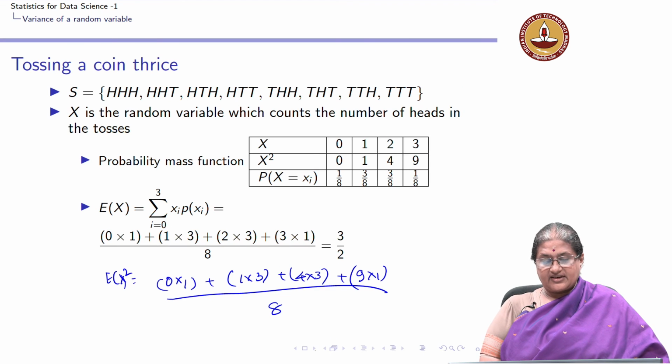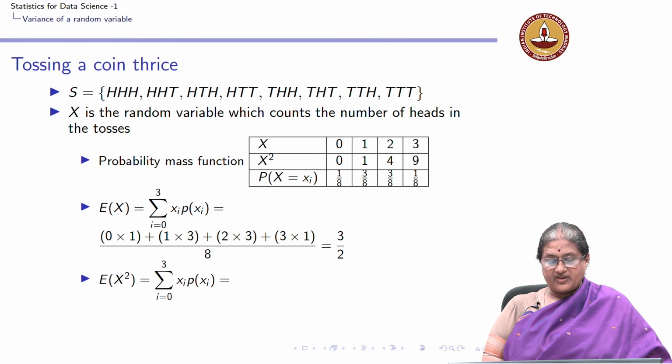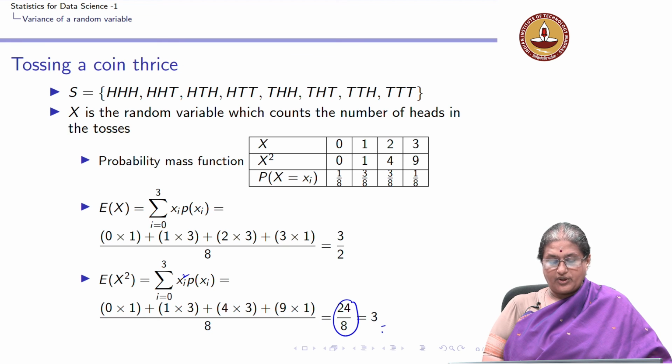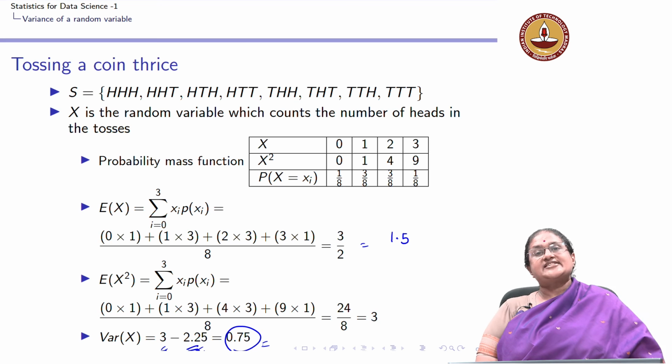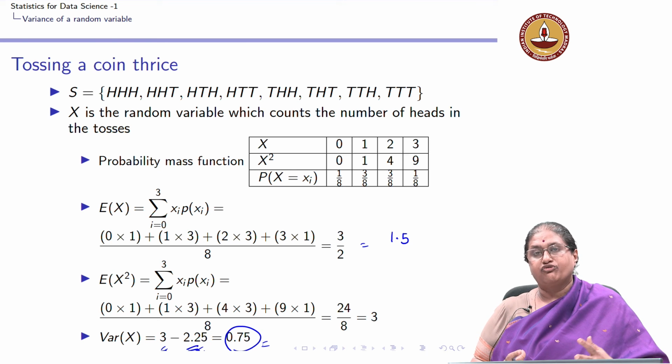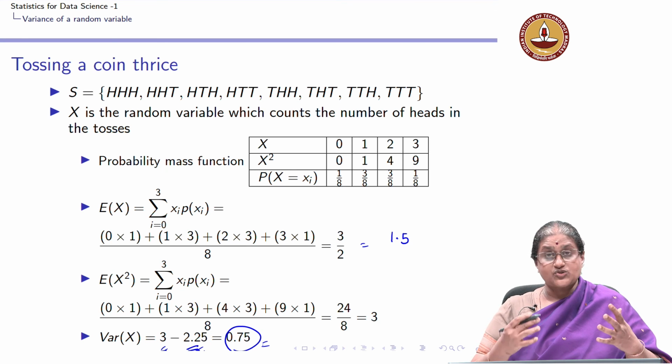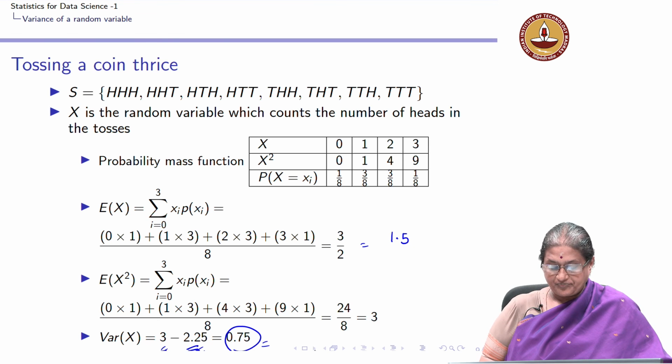And you can see that this matches with the variance which we computed using the computational formula, which is 0.75, and 3 by 4 is the same. This is what we have already seen.